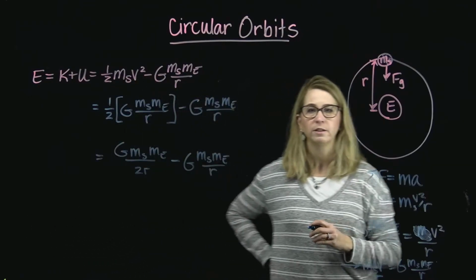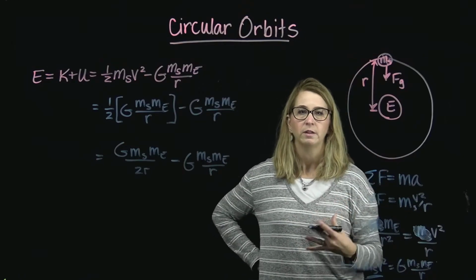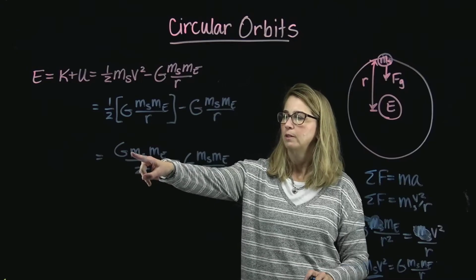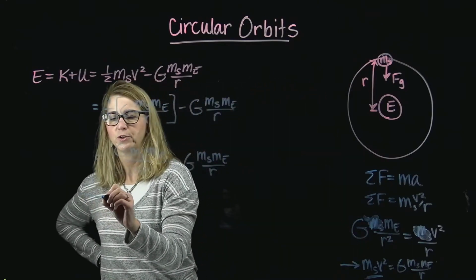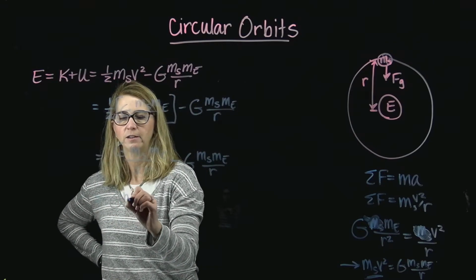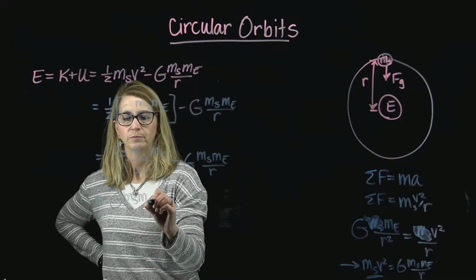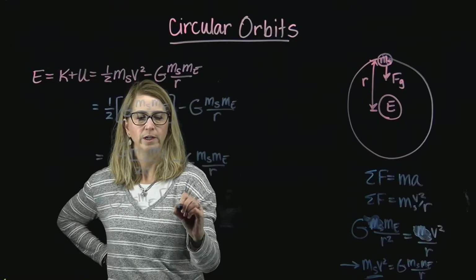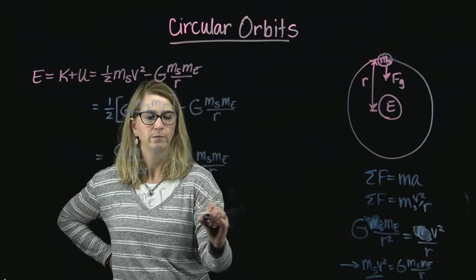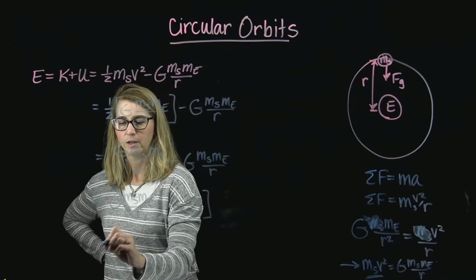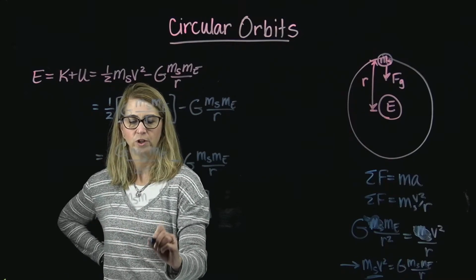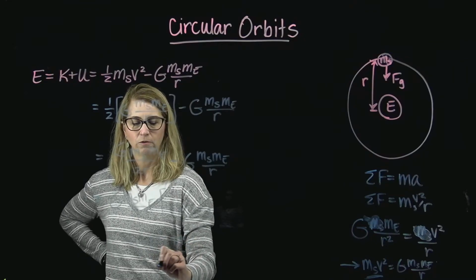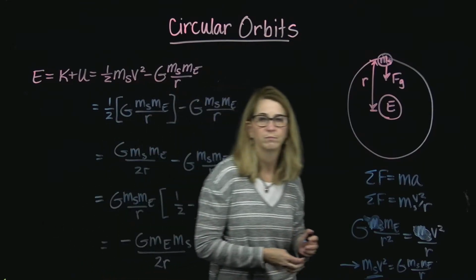And I can relatively easily add those together. I'm going to factor something out just so it's more obvious. If I factor out this common term, I have 1/2 minus 1. And so I end up with minus big G, mass of the Earth, mass of the satellite, over 2r.